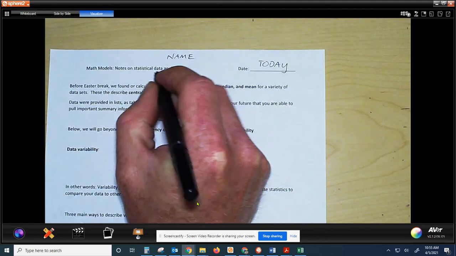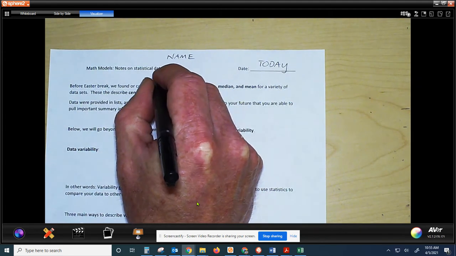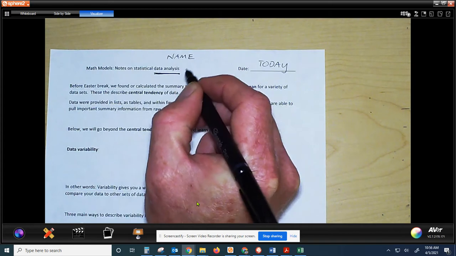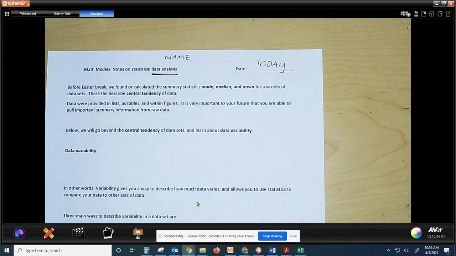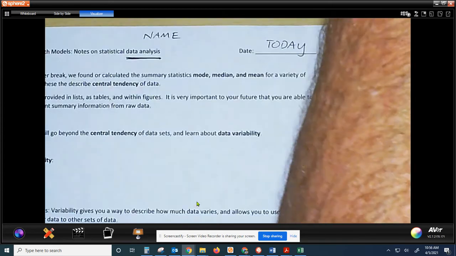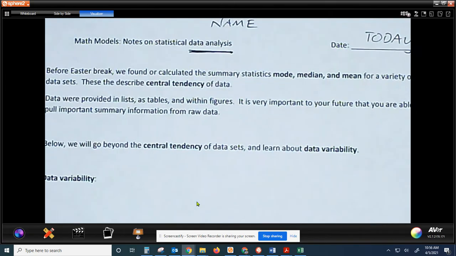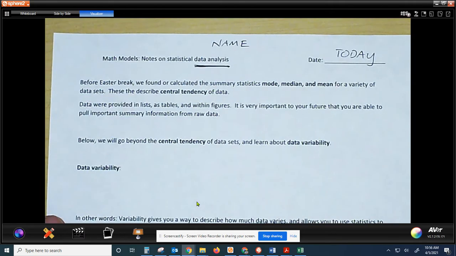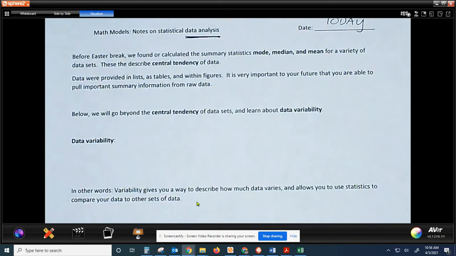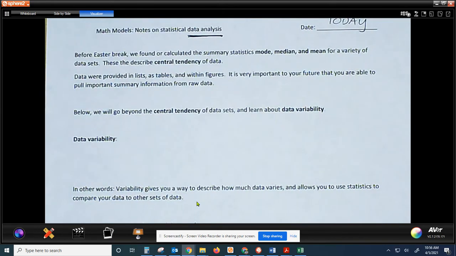We've covered things like central tendency in the past, like how to describe the middle of the data, but this is another piece of data analysis. So I'm going to start zooming in so you guys can see me making notes up here. And I'll try to write kind of big.